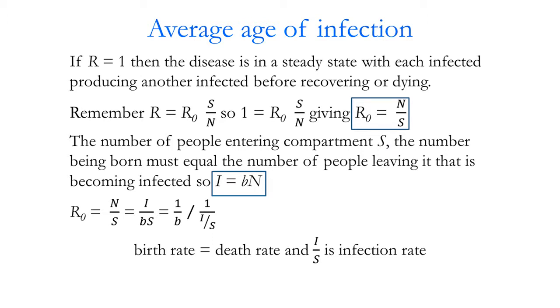So putting those terms in, what we get is that the basic reproductive rate is going to be the average lifetime in the population divided by the average age at which infection is acquired. And various more sophisticated models will give you slight variations on that particular result.